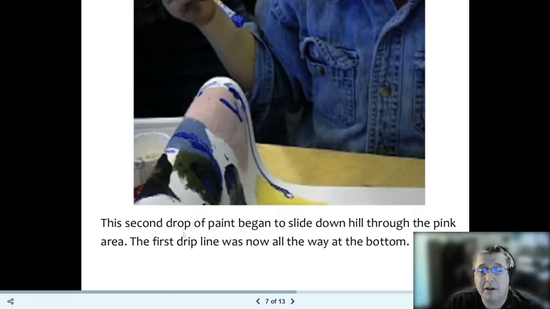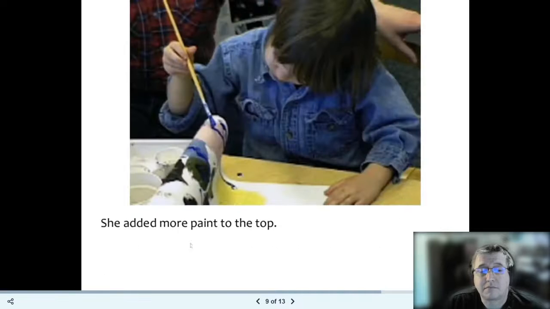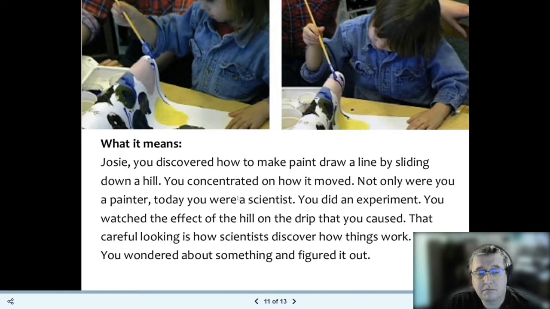A second drop of paint began to slide downhill through the pink area. The first drip line was now all the way at the bottom. Josie pushed the paper towards the paint tray and made the hill steeper. The drip was going almost straight down now. She added more paint to the top. Josie watched intently, so that would be a non-objective statement, but that's okay in our learning stories, as it slowly made its way to the bottom of the hill.